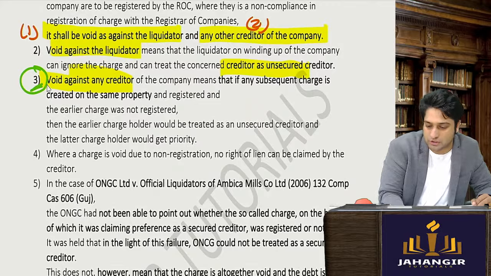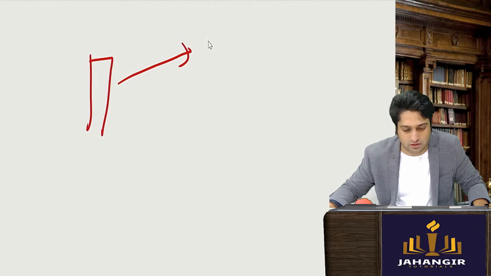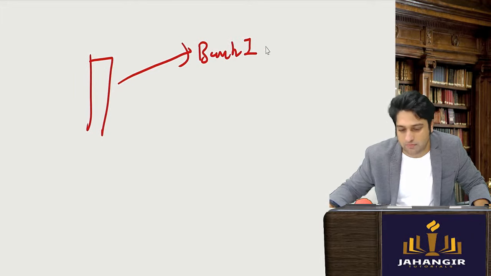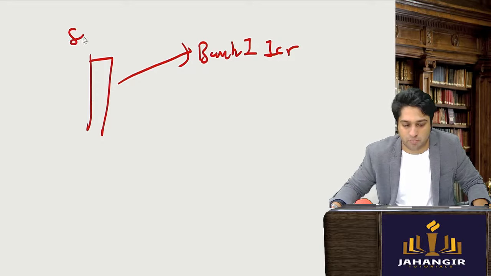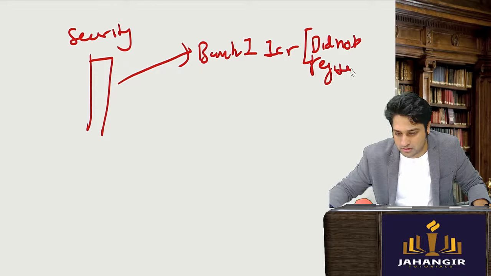Okay, now pay attention. If a charge was created, so this property was there, we created a charge to bank 1, but didn't register. So from bank 1 we had taken a loan of 1 CR, kept this property as security, but did not register.